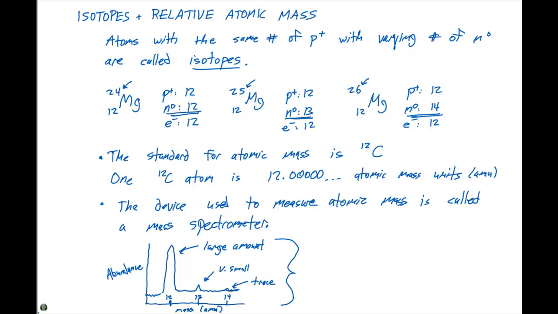In looking at this mass spectrometer, we're not going to have you interpret any of this data, but what I want you to recognize is that the weighted average of all the isotopes is reported on the periodic table.